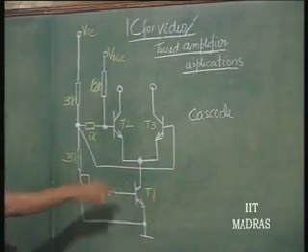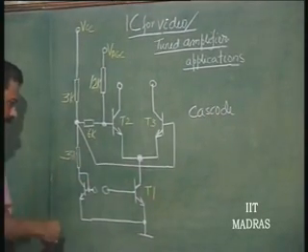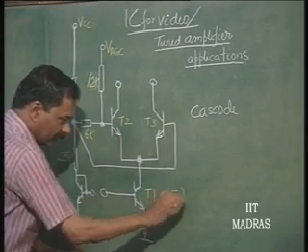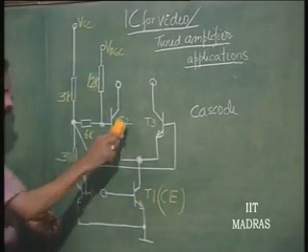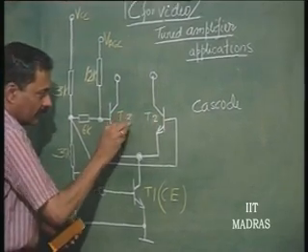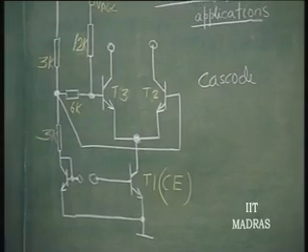So, T1 is actually the amplifier which is connected as common emitter here, and we will make this T2 so that this is the common base amplifier.